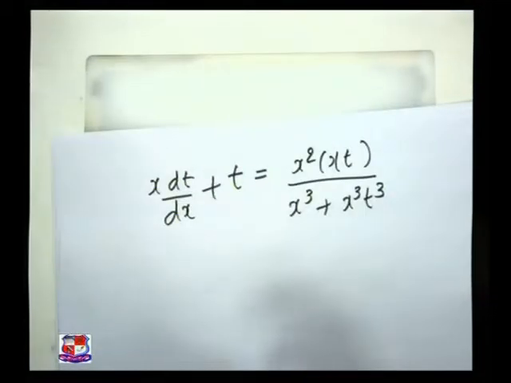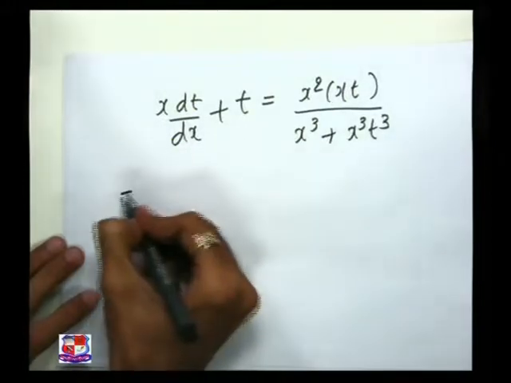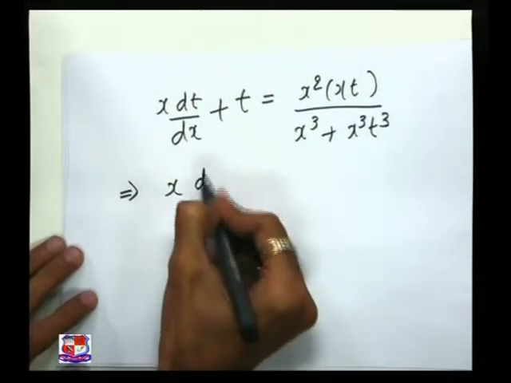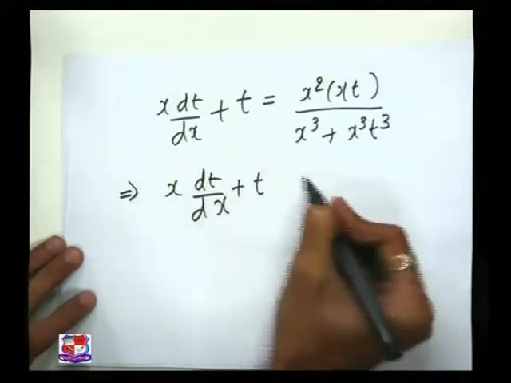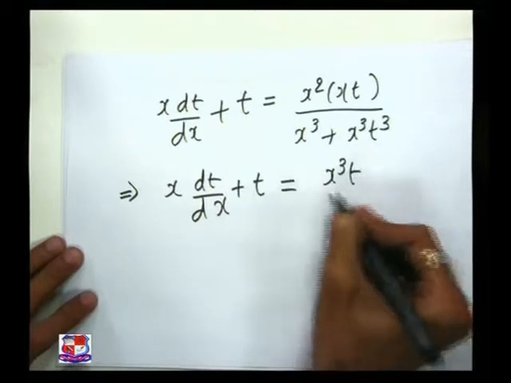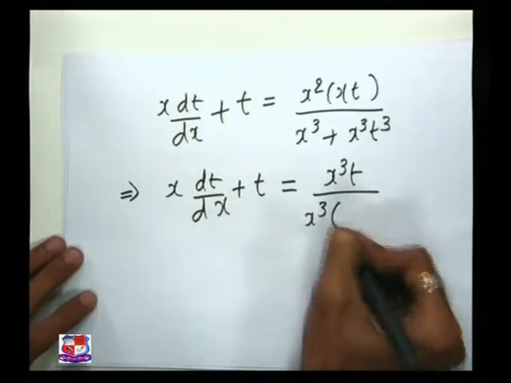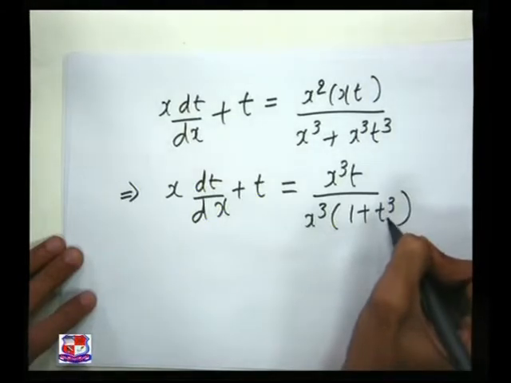So this is our new format of equation. So now this implies x into dt by dx plus t is equal to x cube t upon x cube into bracket 1 plus t cube.